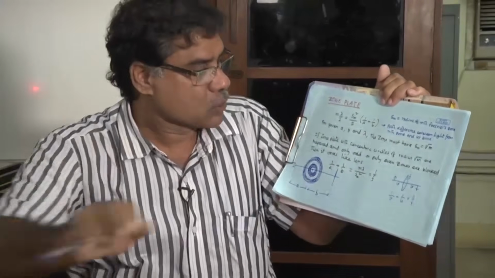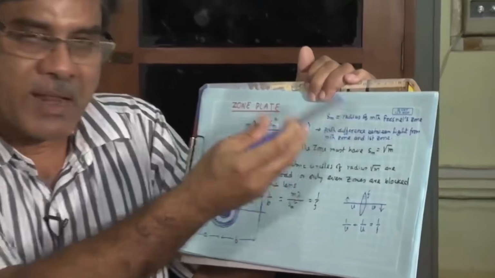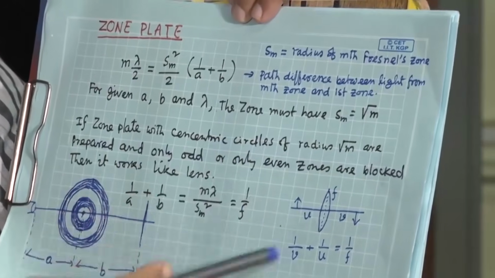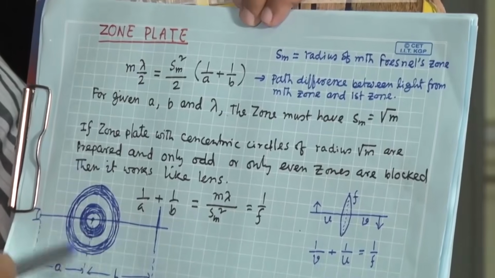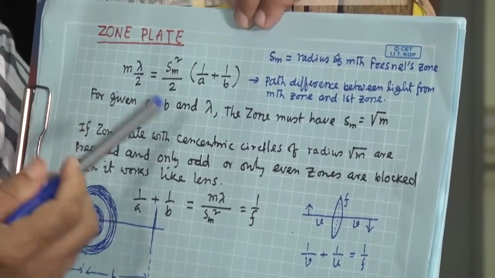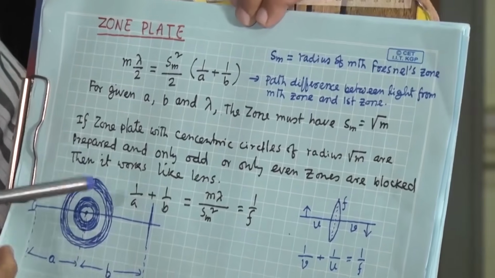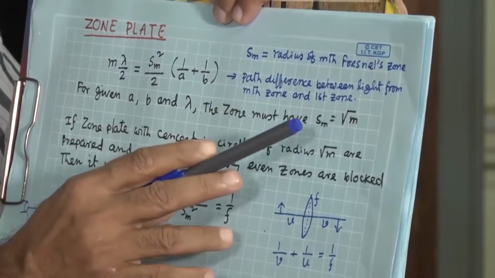So experimentally we can find out the focal length of this zone plate, as well as the radius of the zones of different number.